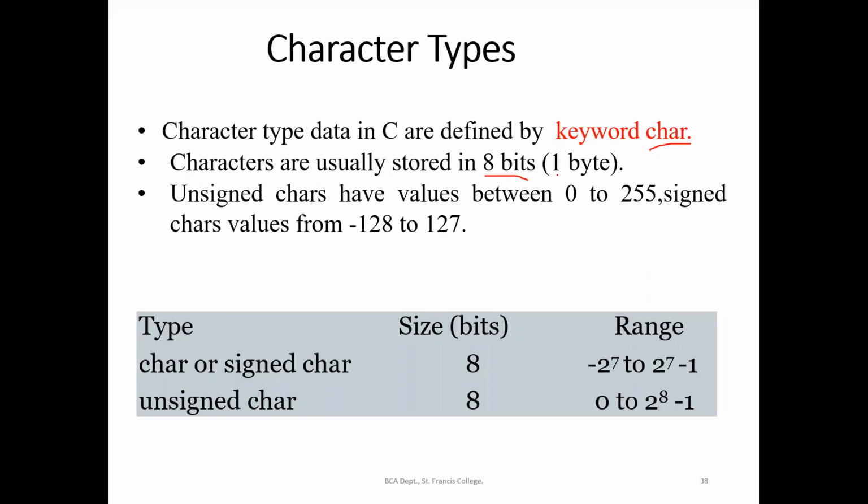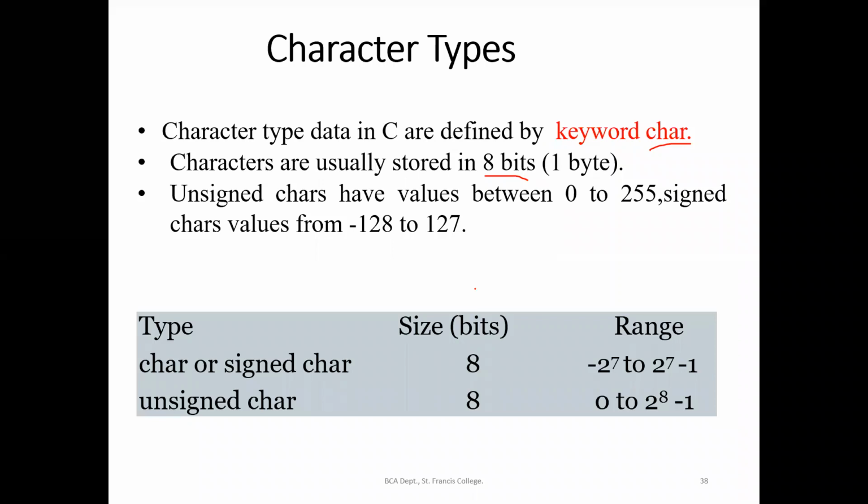Tell me another data type which we studied just now which is allocated only 1 byte. Answer in the chat box. Which was the other data type allocated only 1 byte or 8 bits? Short int, right, good.